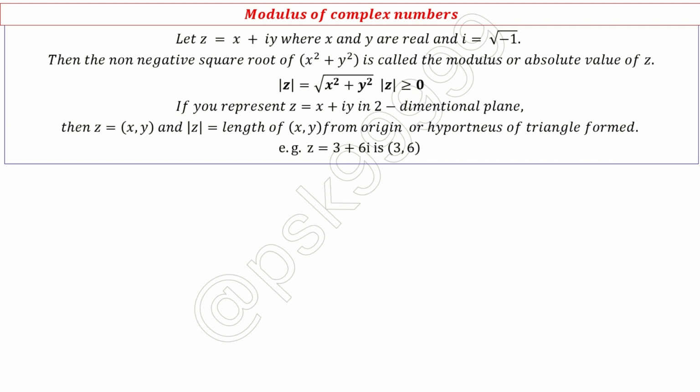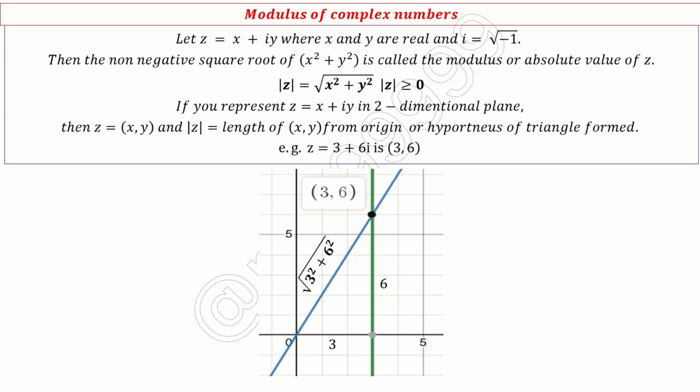In a complex number, we call it the Argand plane. If you take z as 3 plus 6i, it is pointed here because this is the origin. 3 comma 6, right? This is the hypotenuse. 6 is the height, 3 is the width. X coordinate and y coordinate. This is how we represent it.